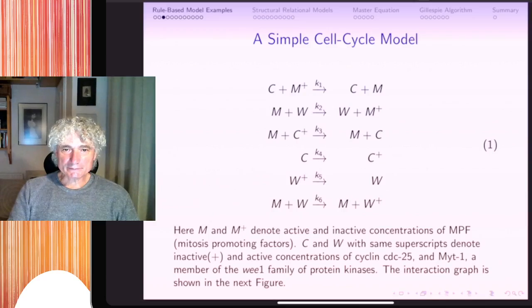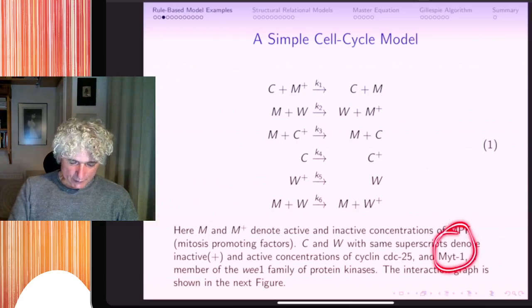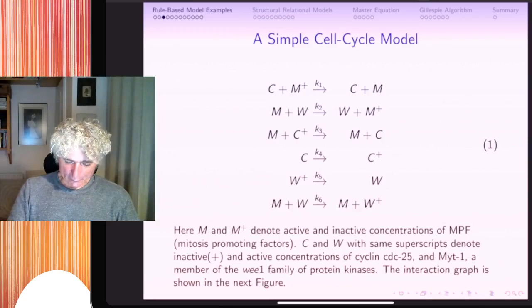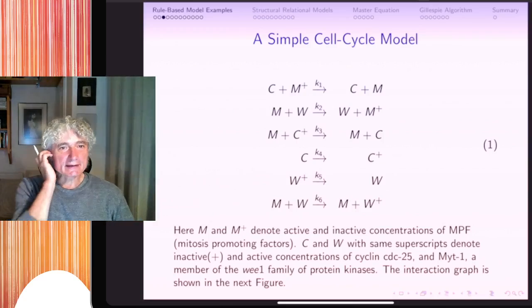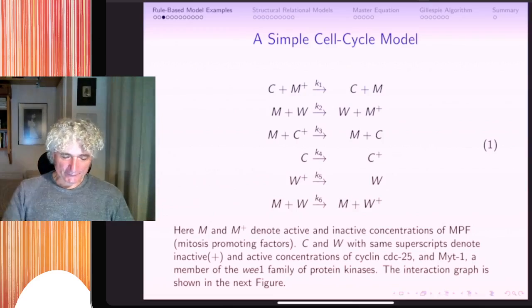And W will be one protein that is from the MIT1 family of protein kinases. Okay, so after an explanation of what the players, the types, are in this model, let's have a look at some of the reactions or rules in our new terminology.